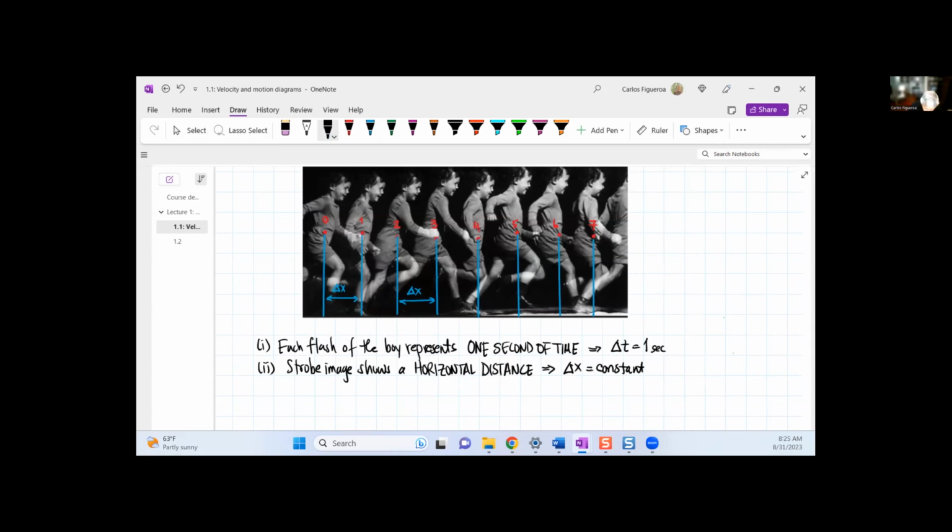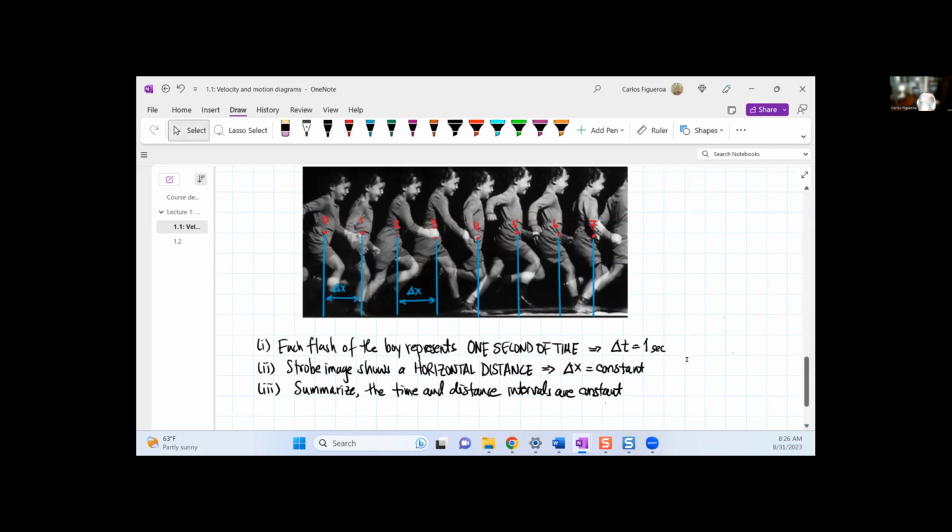So now we could summarize this. What I see here is that the time and distance intervals are constant.